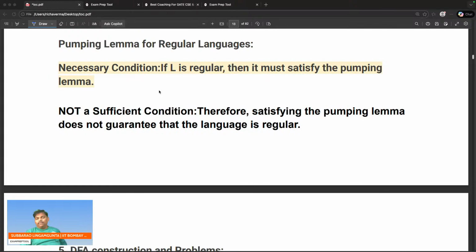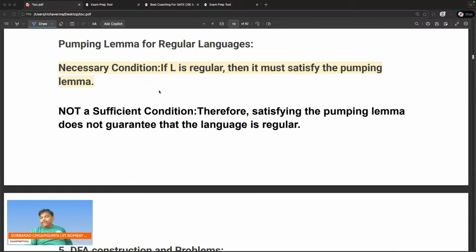Say the automaton contains 3 states, and you give it a string of length 3 or more. How is a 3-state automaton accepting 3 or more? Somewhere a loop is there. Whenever you identify a loop, if I repeat it 1 time, 2 times or 3 times, it should still work. But whenever it is a non-regular language, it doesn't work. So you know that a contradiction has happened.